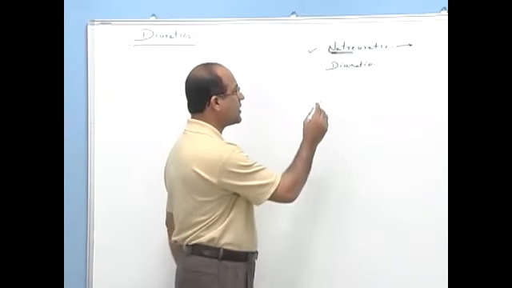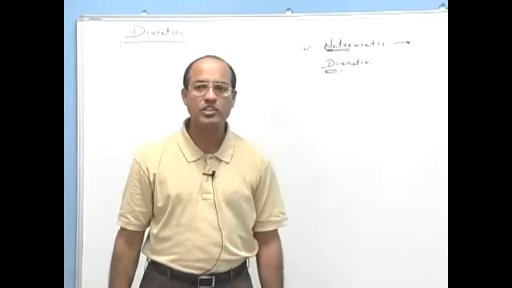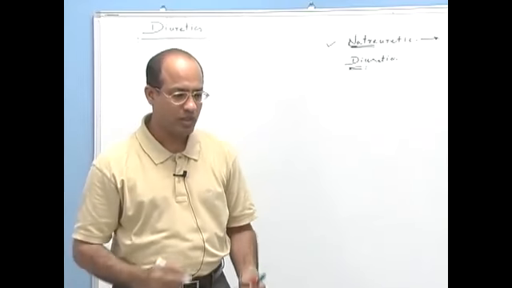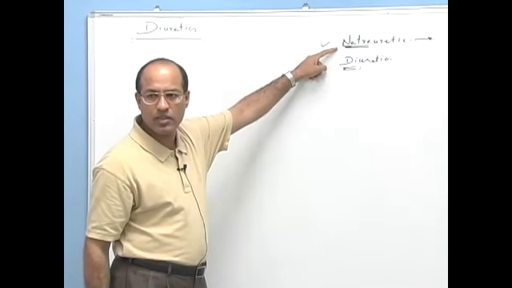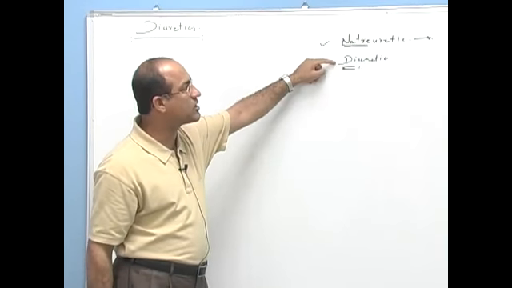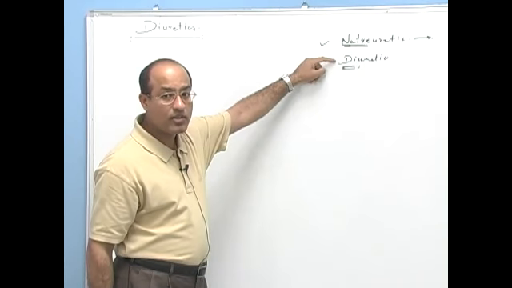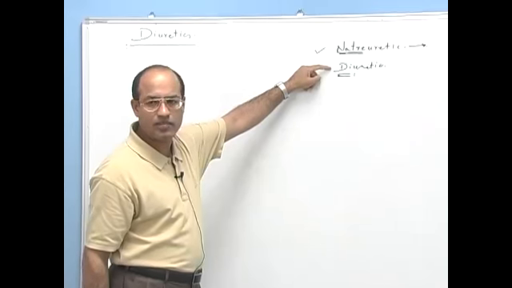But when we strictly define, diuretic agent means any agent which increases urine output. So anything which increases the sodium output in the urine should be considered a natriuretic agent, and anything which increases the urine volume is called a diuretic agent.